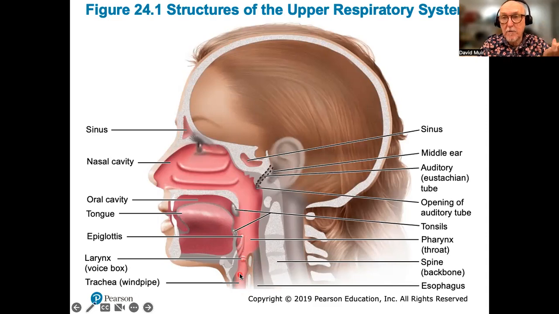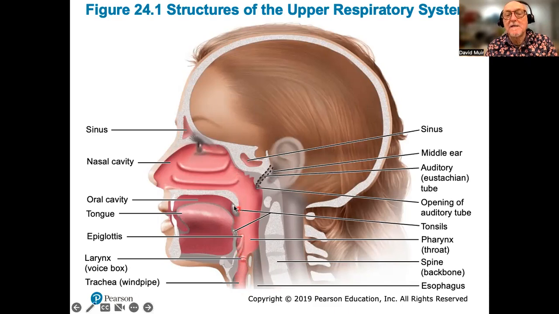When people choke, very often either food has lodged here and the epiglottis has closed off the airways, or else something has made its way down into the trachea and blocked it. So the reason I point this out to you, people often confuse the epiglottis with the uvula.